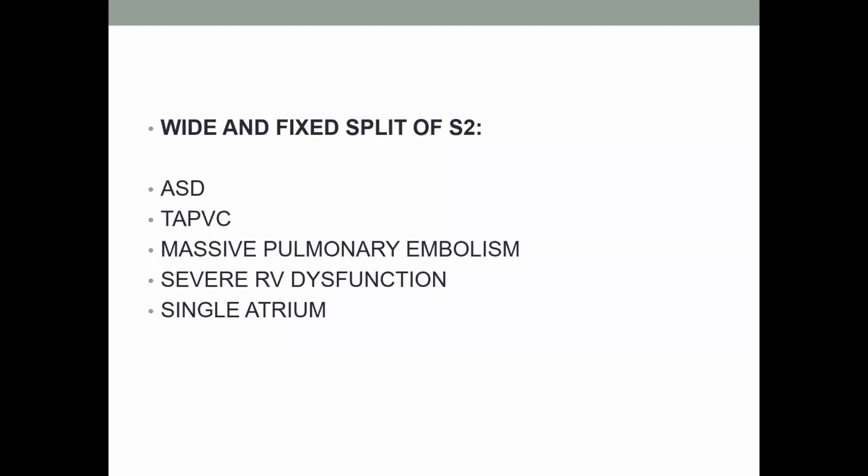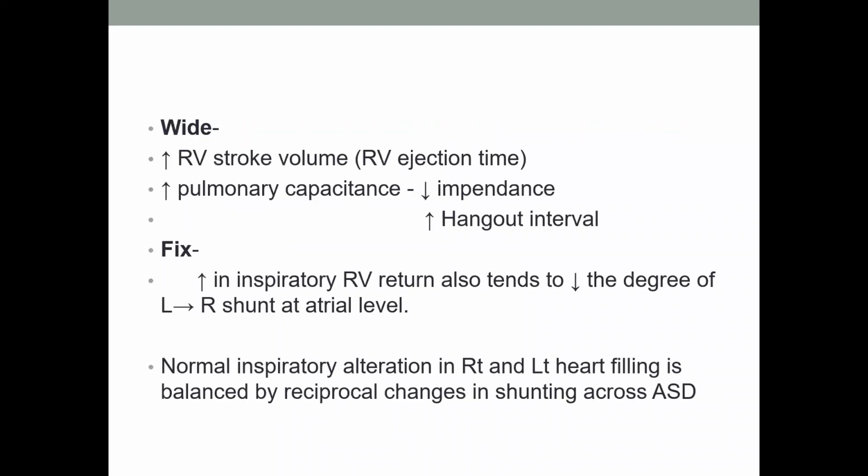When does that happen? If the hangout interval, that is, if the pulmonary vasculature is maximally dilated, it happens. It also happens if there is RV dysfunction and RBBB, or something like a major pulmonary embolism, which is now not changing the flow to the pulmonary artery. This one will be wide split.